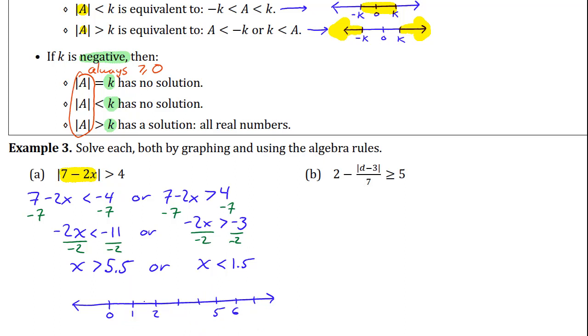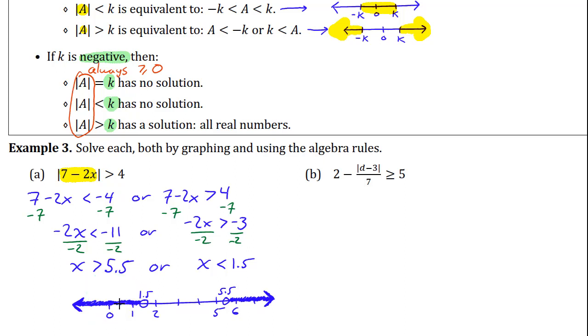Here is 1.5. And here is 5.5, halfway between 5 and 6. We want to include all the stuff greater than 5.5 but not equal to 5.5, which is what the little open circle represents, and everything less than 1.5 also works. So either of these two things could be true for x, and that would work.